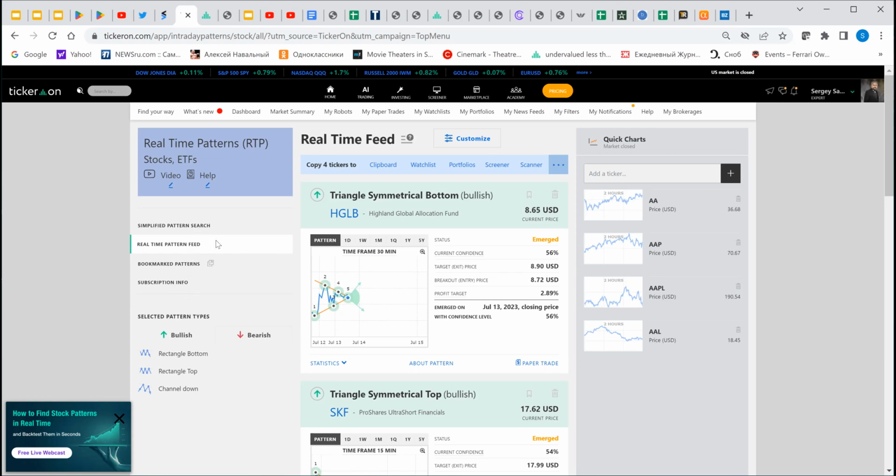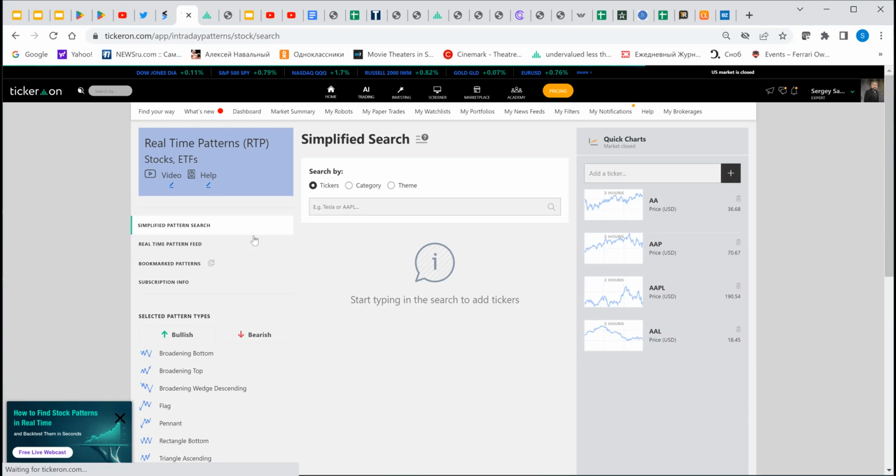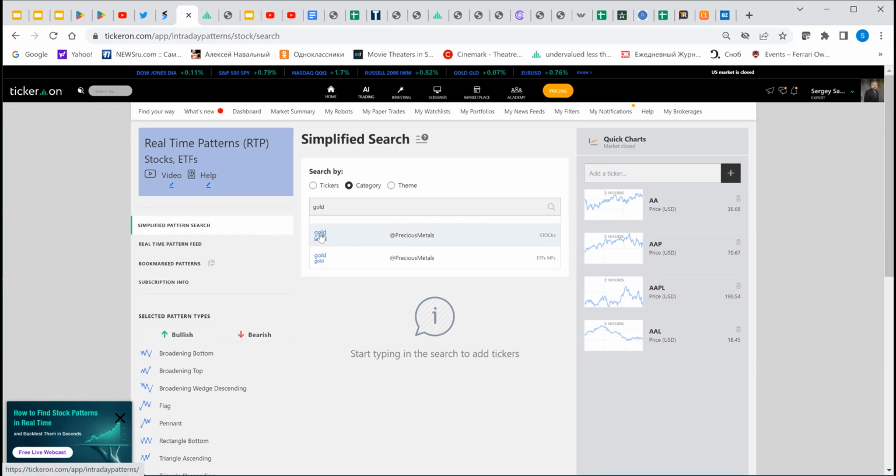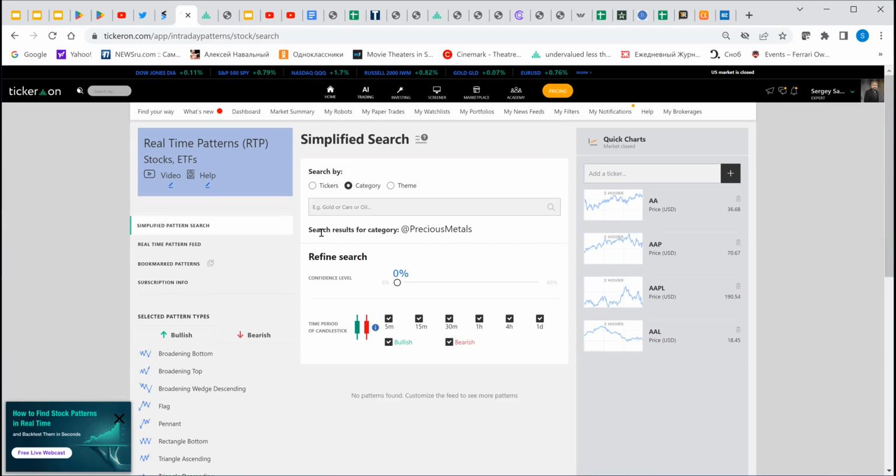We have a simplified pattern search where you can look for patterns of specific lists of tickers or categories. So for instance, you can type here, I don't know, gold. Okay, gold, the precious metals, and then you click here, and then boom.